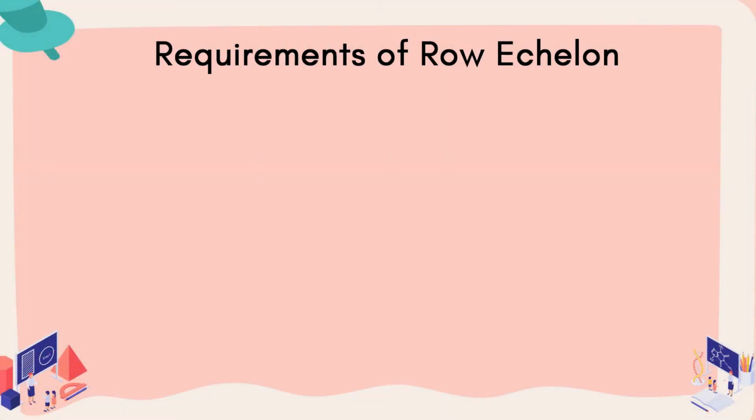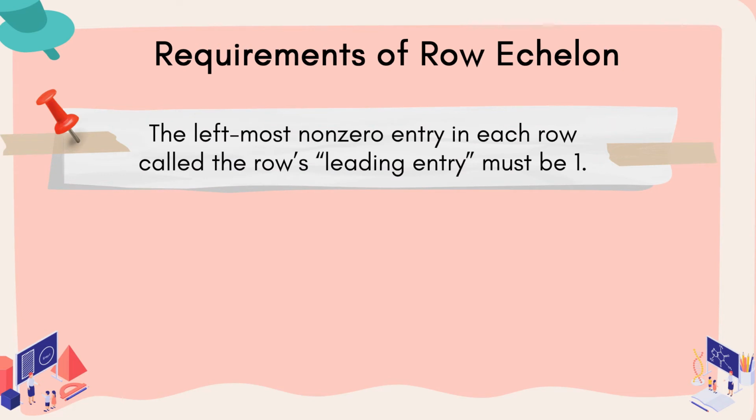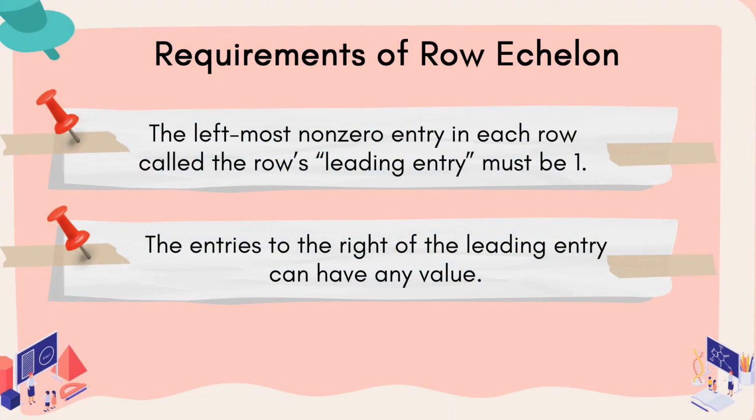We have also some requirements of row echelon. The first one is the leftmost non-zero entry in its row, called the row's leading entry, must be 1. As you can see in this matrix, the main diagonal entries are all 1. Next, the entries to the right of the leading entry can have any value.